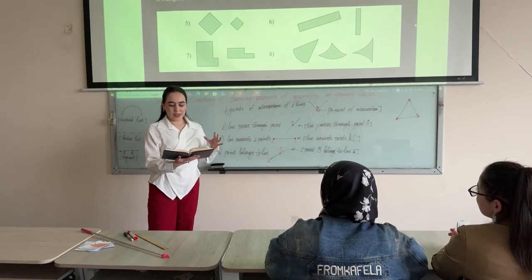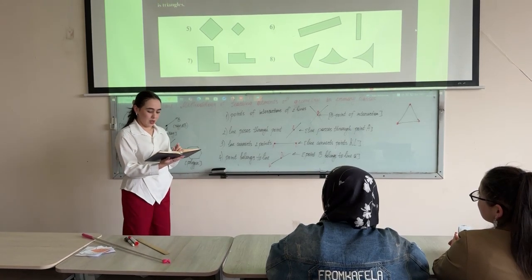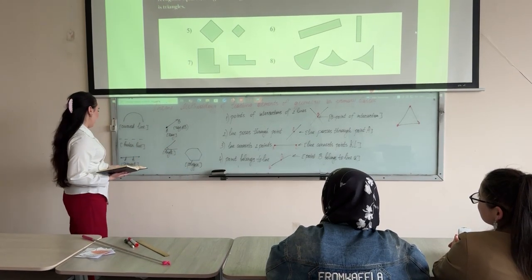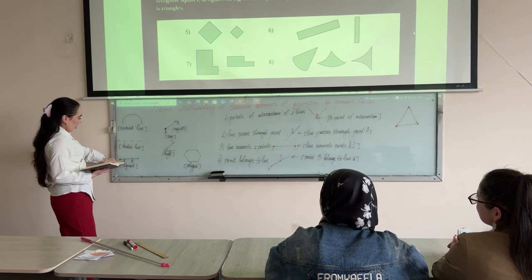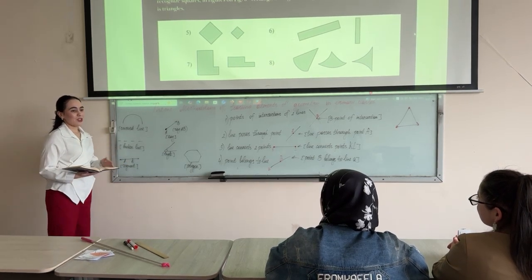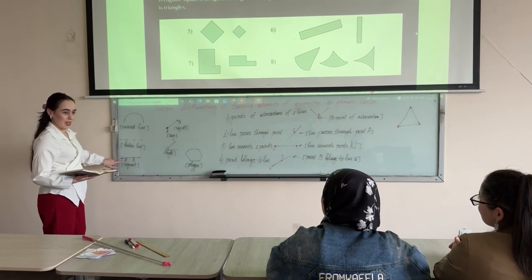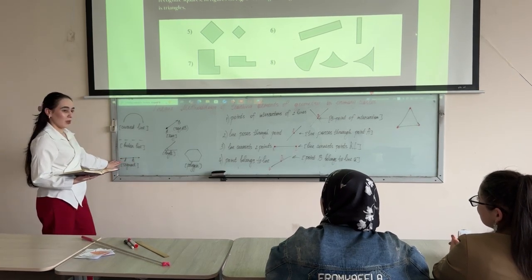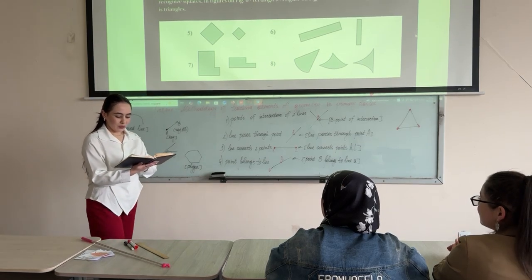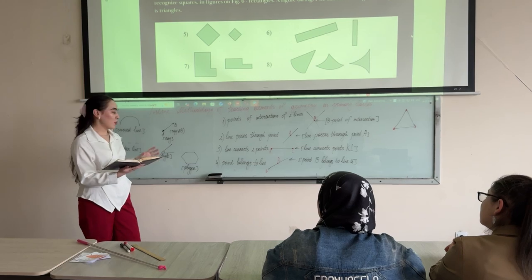When we draw a segment, we must fix its endings with two points. For example, here we have two points located on the segment. Here I made a little mistake just for your attention. We needed to put some points here, yes? And it would be a real segment, because in a straight line we don't fix these points.